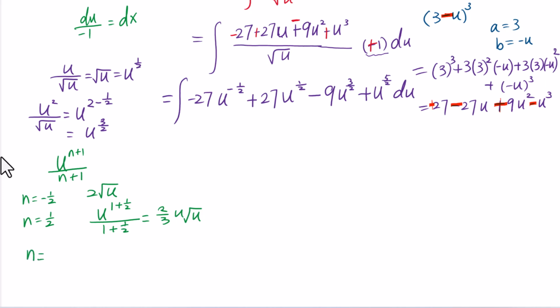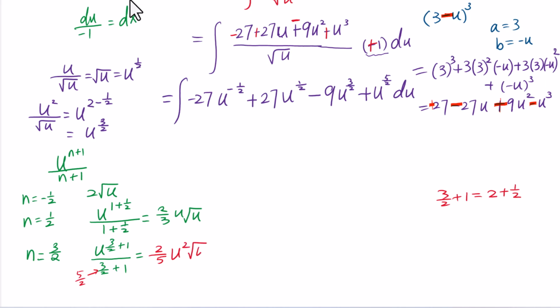When n equals 3 over 2, u to the power of 3 over 2 plus 1 over 3 over 2 plus 1. Denominator is 5 over 2. So we got 2 over 5. 3 over 2 plus 1, change this into mixed fraction, 2 plus 1/2, which means u squared, square root of u.